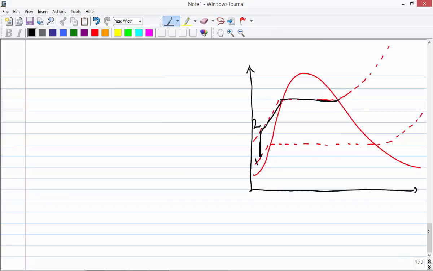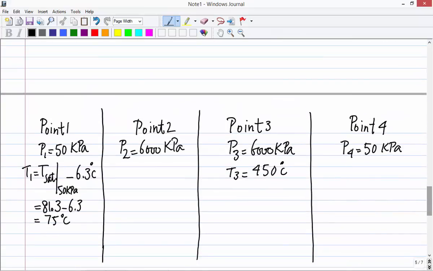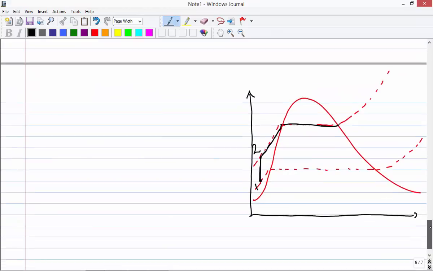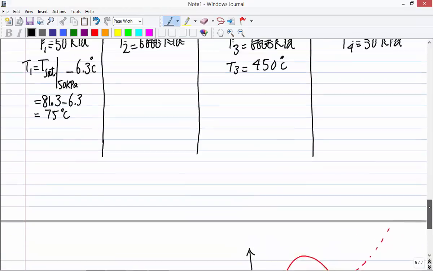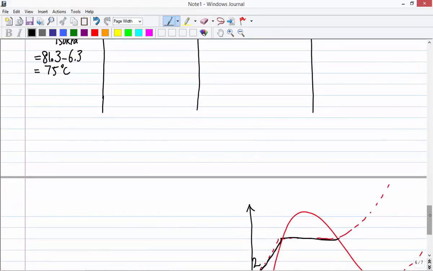Going upper to point 3, I have only pressure and temperature. Sorry, I forgot to tell you something. I have the efficiency of the turbine, which is 94%.